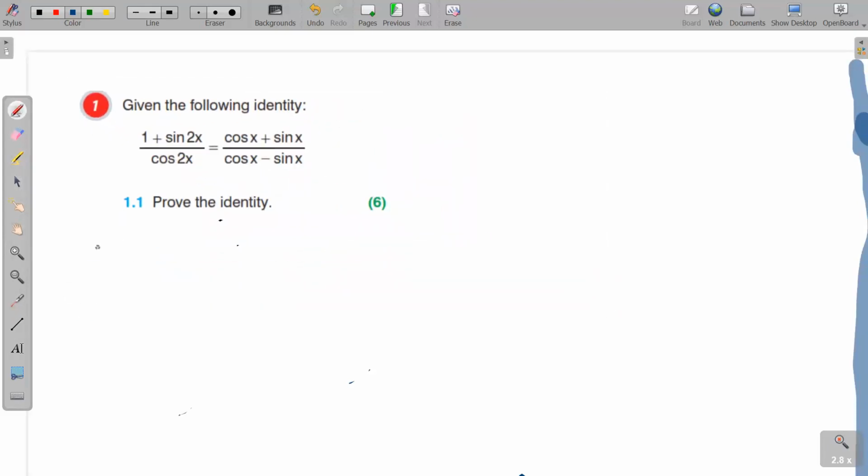Okay, here I solve and write here. I am starting from the left-hand side to the right-hand side.